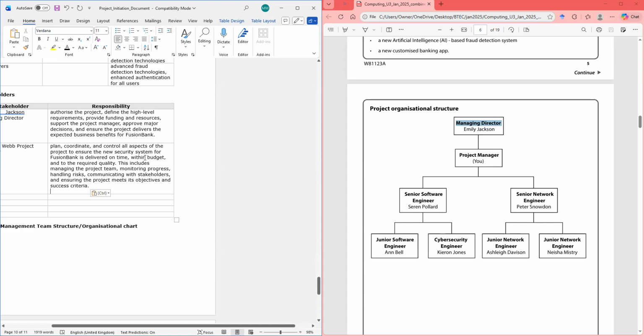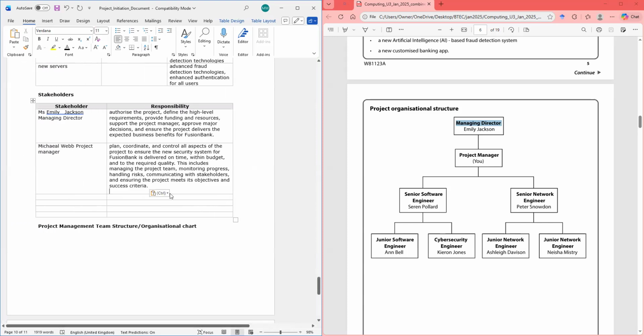Remember that generic project management and control? It's basically the same thing. You can put it here. This includes managing the project team, monitoring progress, handling risk, and communication. You can use the same one for project management and control, but enhance it to suit stakeholders.